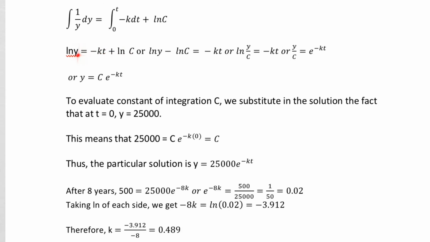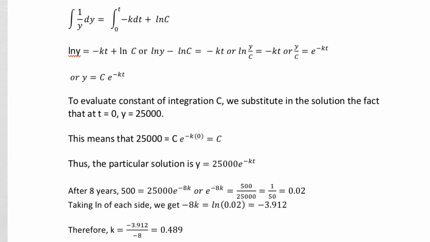This may be written as a new equation: ln y minus ln c is equal to minus kt, or ln of y by c is equal to minus kt, or y by c is equal to e raised to the power minus kt, or finally y is equal to c e raised to the power minus kt, which is the general solution.